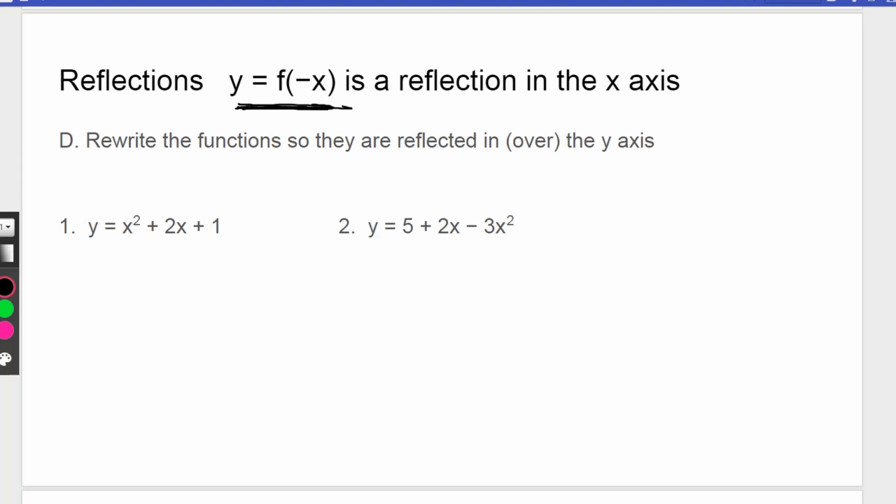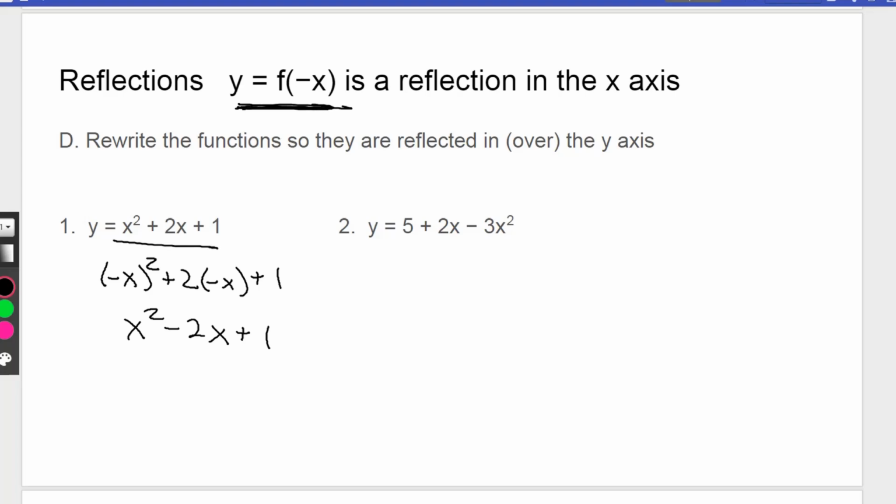So let's try it. This is going to be a -x still squared. This is going to be +2, but now it's a -x, and then +1. See, now -x times -x is still +x squared, and this is going to be -2x, and then this is going to be +1.